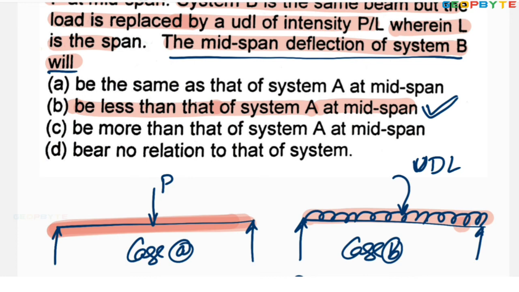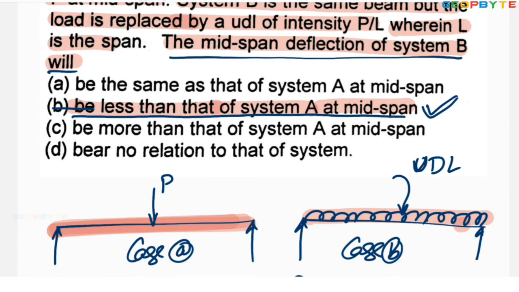Once again, let us take two simply supported beams with equal lengths. One is with the point load at the center, the other one is UDL throughout the length. Then the deflection at the middle with point load is always more than that in the case of UDL. Therefore, option B is absolutely correct.